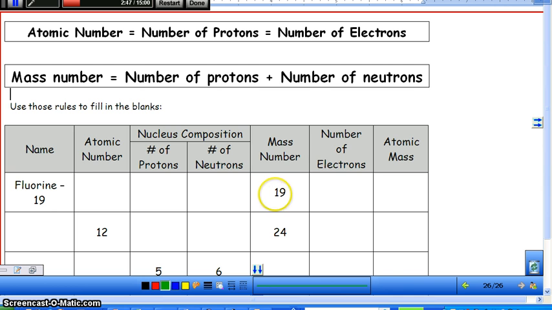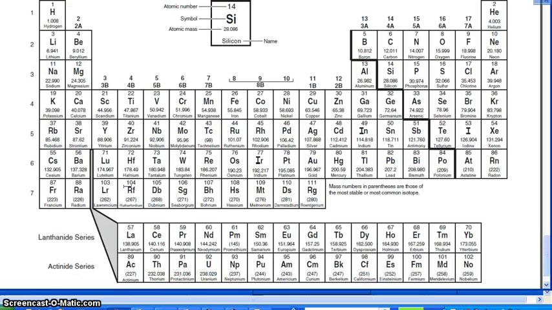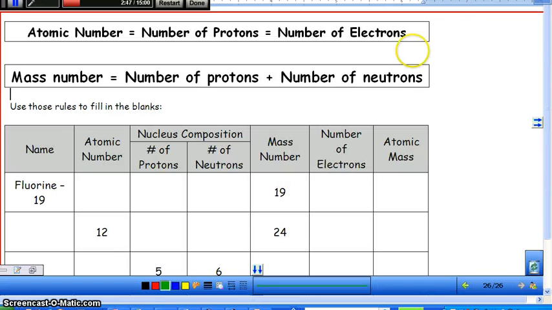So it's important to have the number there to say, this is fluorine 19. So for its atomic number, we look on our periodic table and see that fluorine, F for fluorine, is 9. So we can put a 9 in there. How many protons do we have? Well, the number of protons equals the atomic number, so we've got 9 of those.